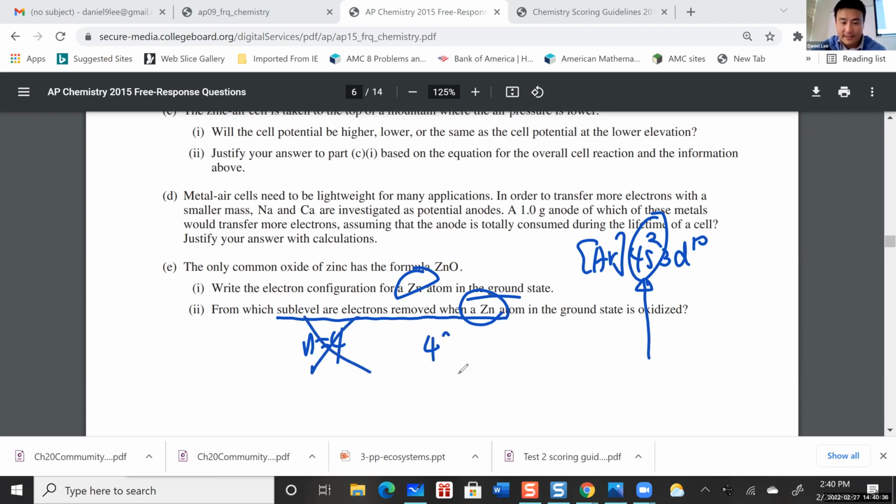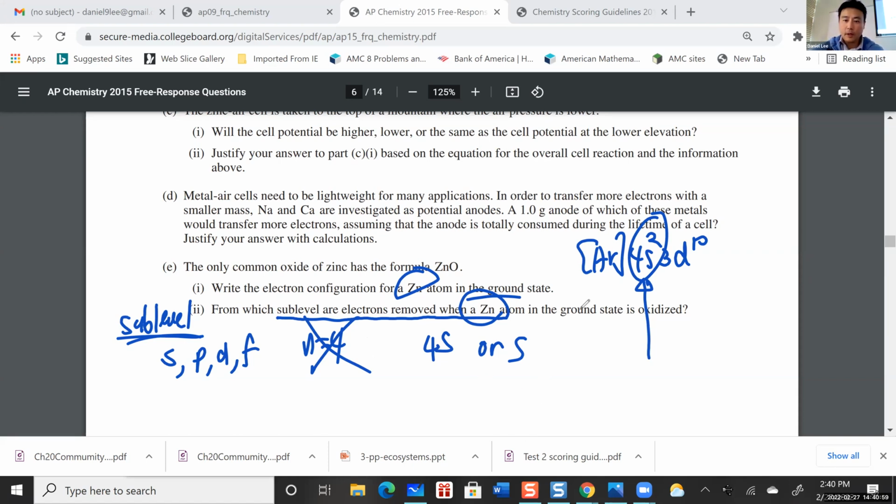You can put 4s or s, but you cannot just put 4. When they say sublevel, it is not energy level. 4 is the principal energy level. So watch out for that, please.